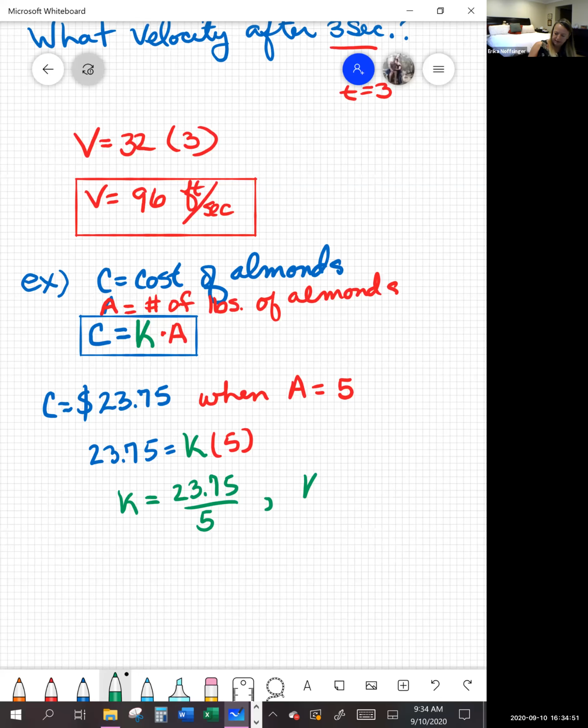So K is equal to 4.75. Basically, this is telling me that it's $4.75 per pound is what the cost of almonds is. So C is equal to 4.75 times A, which is the number of pounds of almonds purchased.